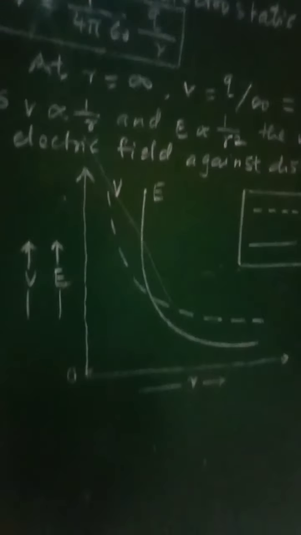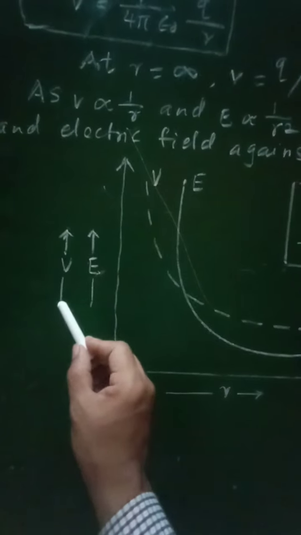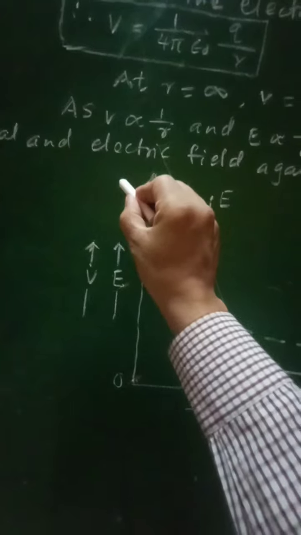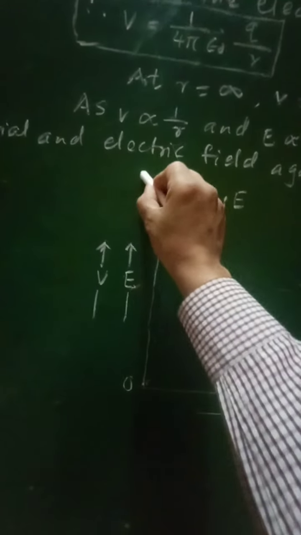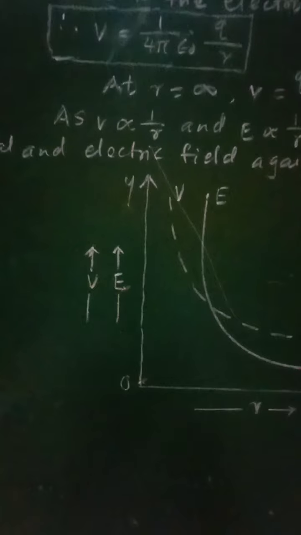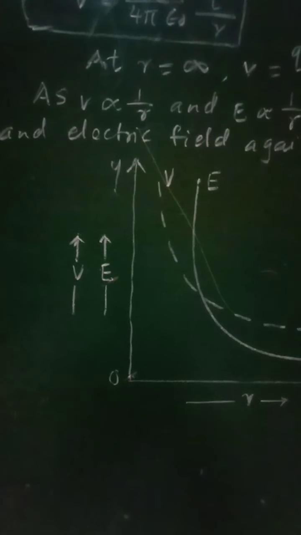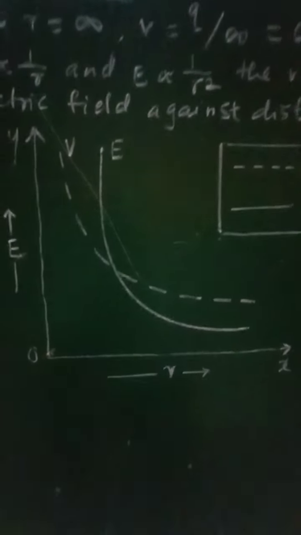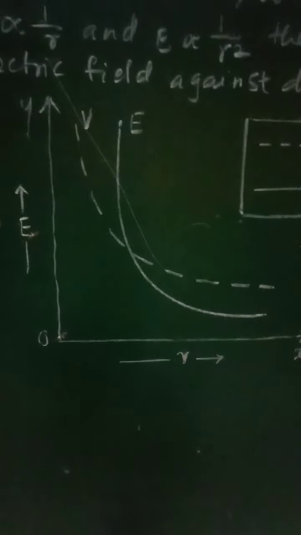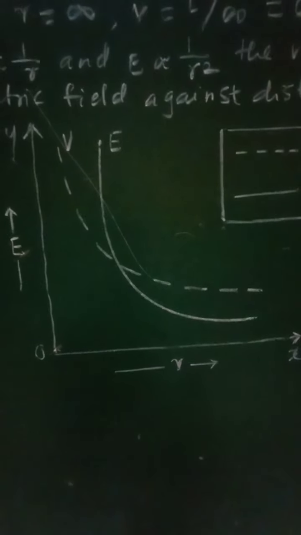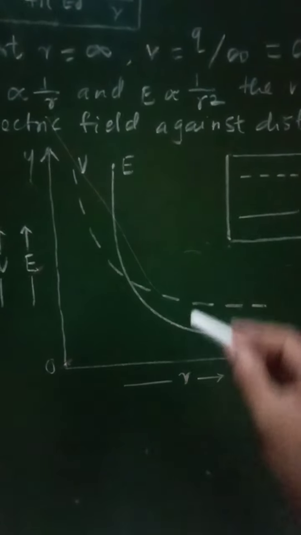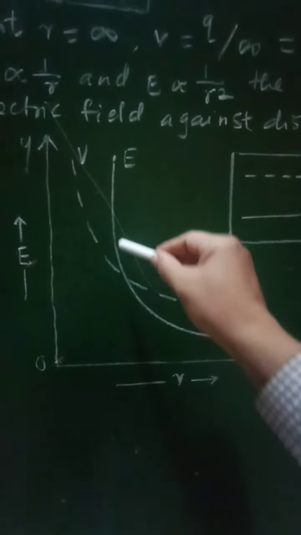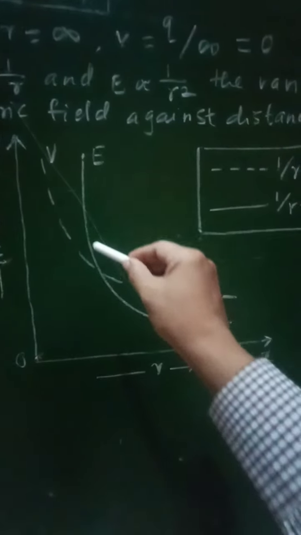If you plot the graph of the electrostatic potential or electric field along the y-axis, and along the x direction the distance r is plotted, then the nature of the graph of potential against the distance is shown by the dotted line, and the electric field against distance is shown by this continuous line.